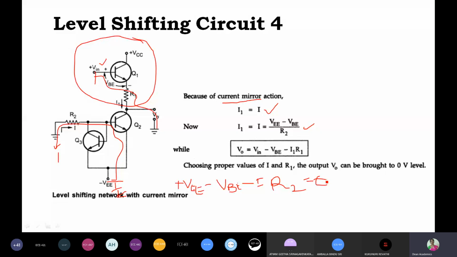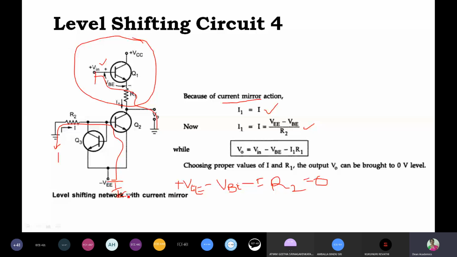I repeat how we have taken this loop. Are you able to catch why I have written plus VEE? Because we start at ground and stop at the connection, the corresponding other terminal is taken. Similarly here, it is minus VEE, therefore the other terminal is connected to ground.